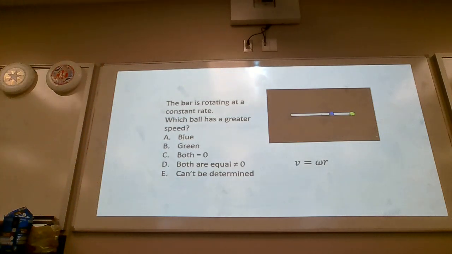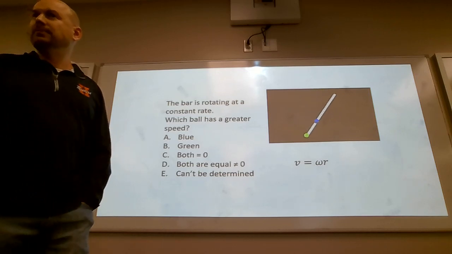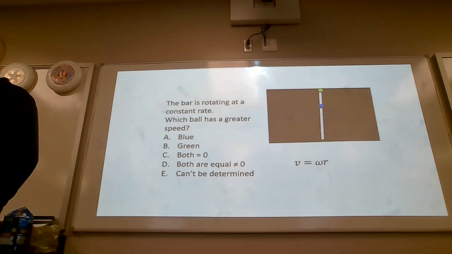Versus speed, this is what we're used to. This is what a speedometer says. Okay. Now, if you're running track and there was not a staggered start, which lane do you want to be in, on the inside or the outside? Inside. Why?